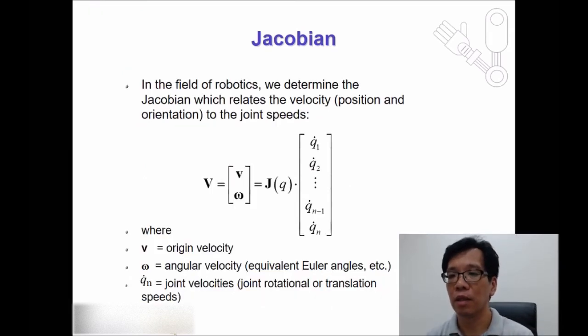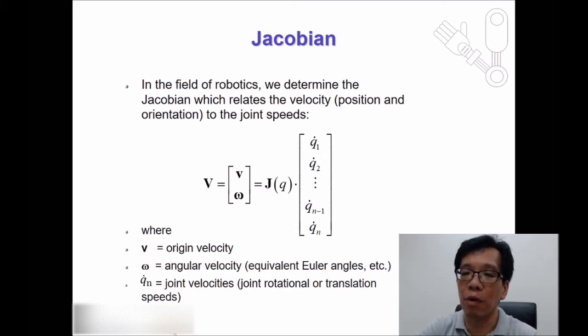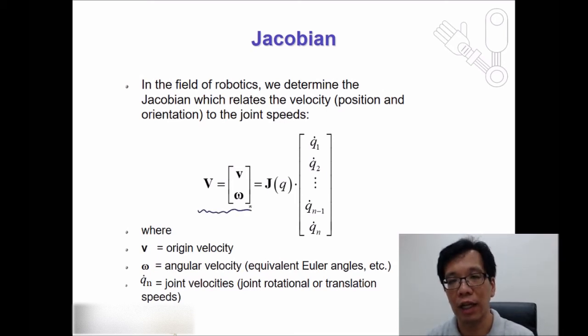Okay. Since we are dealing with robotic devices, when we describe something moving in a robotic system, we have 6 components. They are velocities in 3 directions and angular velocities in 3 directions. So when we write everything down like that, our velocity vector is a combination of 6 components: Vx, Vy, Vz, omega x, omega y, and omega z.